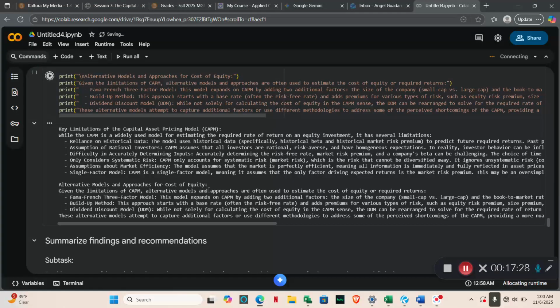So, key limitations of the capital asset pricing model.